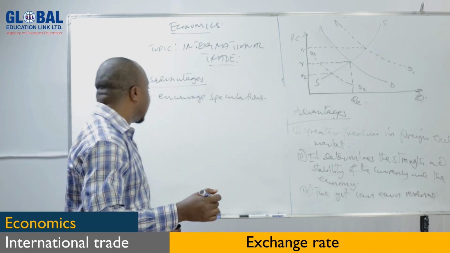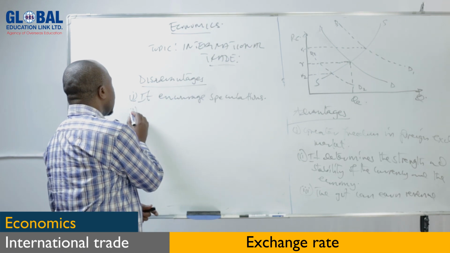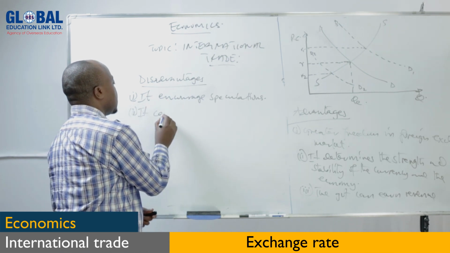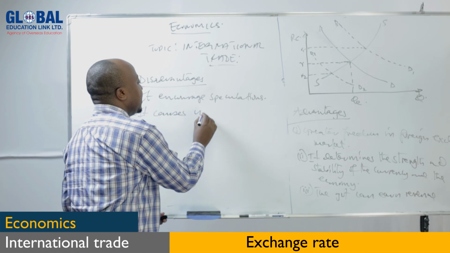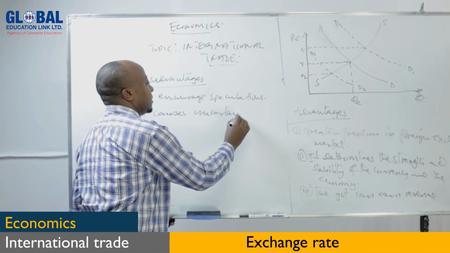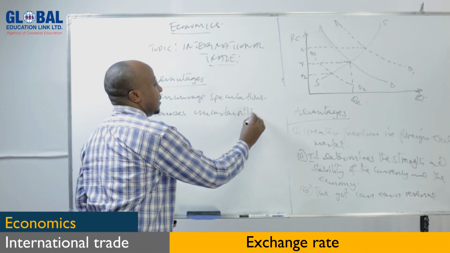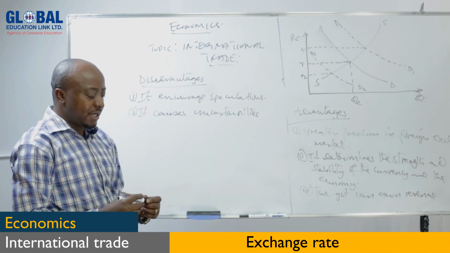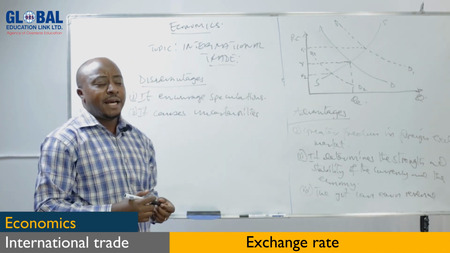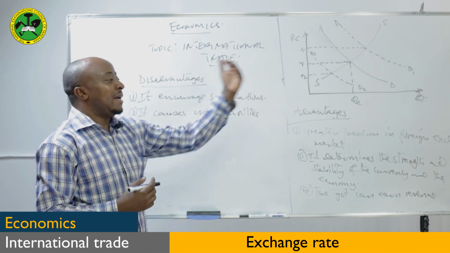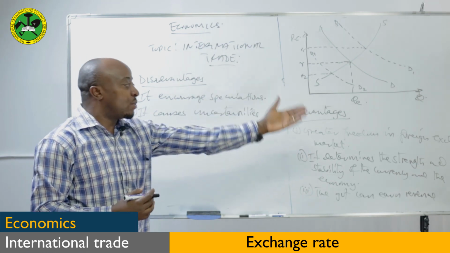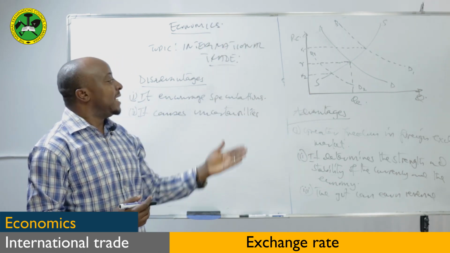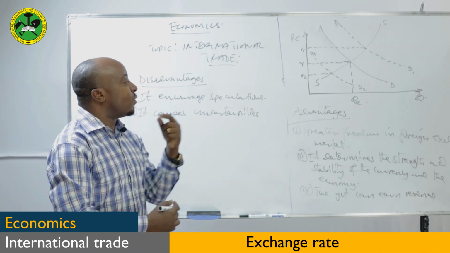The second disadvantage of this system is that it causes uncertainties. Remember, uncertainties means we are not certain. We don't know what will be happening in future. Maybe in some hours to come, in some days to come, because the demand and supply are fluctuating from time to time.